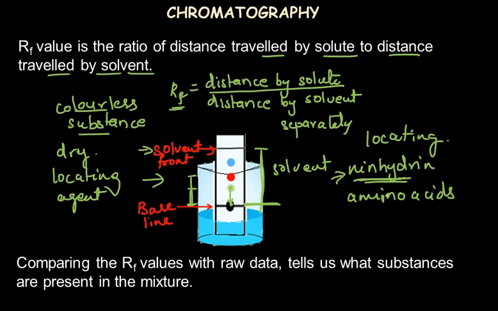This will make the spots visible with some color, and then we can again calculate the RF value for the different spots. So this is how we can use chromatography for analyzing a mixture of substances, whether organic or inorganic, whether colored or colorless, and this is an analyzing technique.